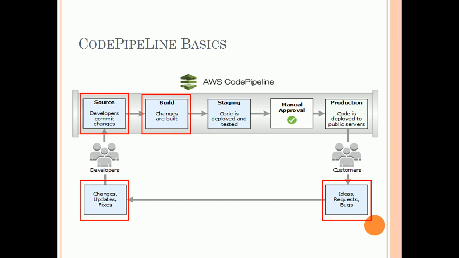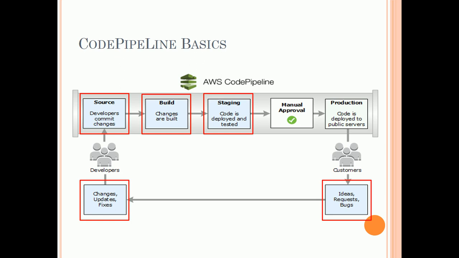And if any tests are configured, then those tests are run using a tool like CodeBuild. Once the tests are complete, the built code is deployed to the staging area or staging servers, which can be any EC2 instance. Also, this deployment will be done using a tool like CodeDeploy.